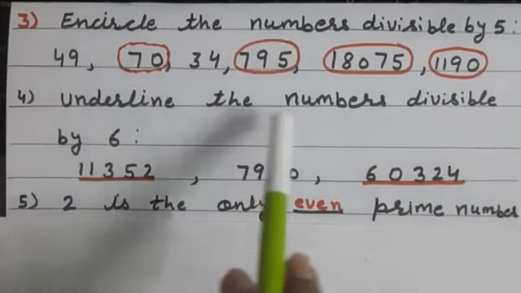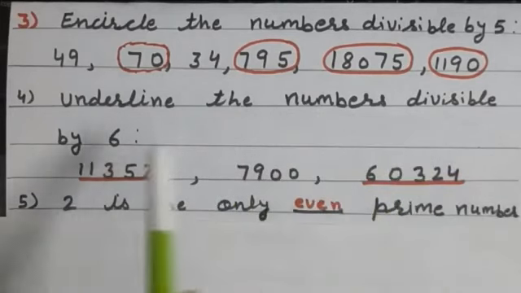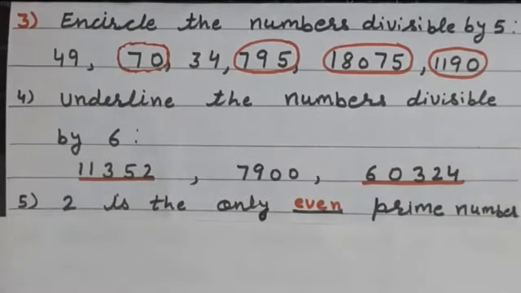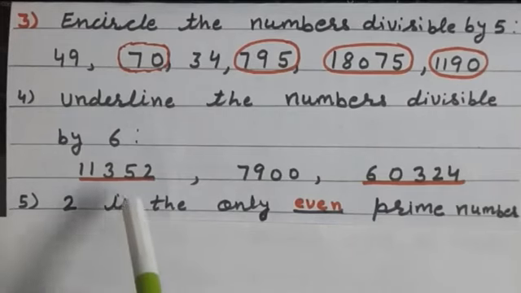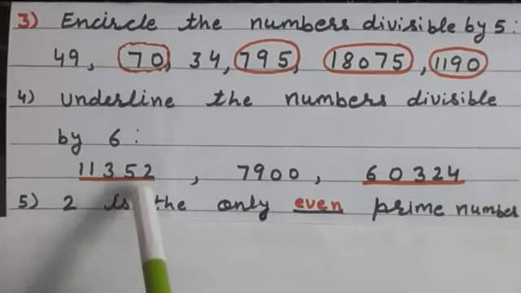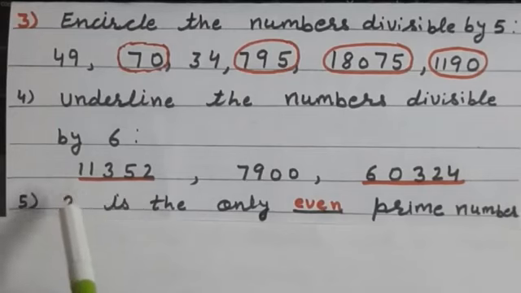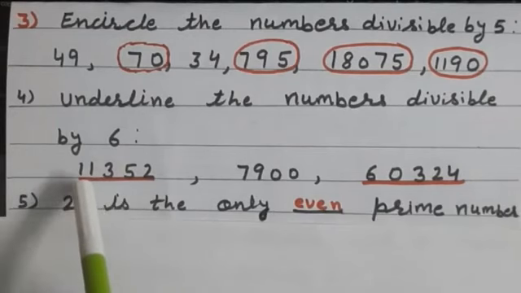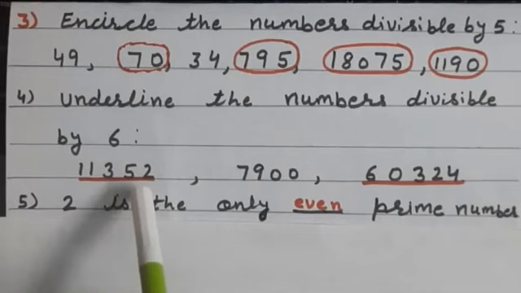Next is underline the numbers divisible by 6. Divisibility rule of 6 says the number should be divisible by 2 as well as 3. So first of all we will check for 2. Ones place is containing 2. Yes, it is divisible by 2. For 3 we will do addition. So 1 plus 1, 2. 2 plus 3, 5. 5 plus 5, 10. 10 plus 2, 12.